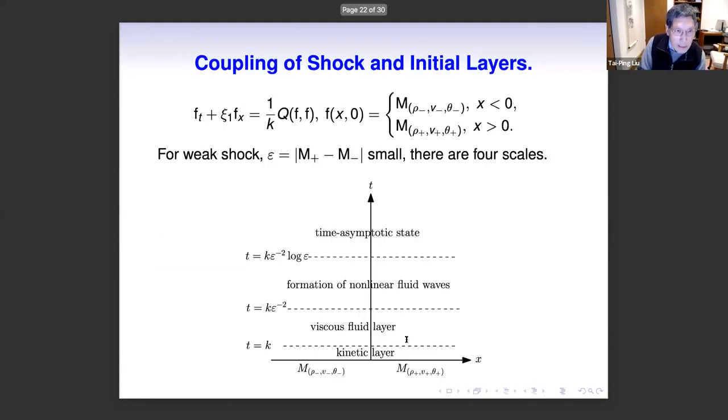I should also say that this is a very small layer because if the mean free path is small, it's very small. And this becomes large if the wave is weak and takes time to form. And the nonlinear wave formation is of this form. It's an even bigger time scale with an additional log factor.